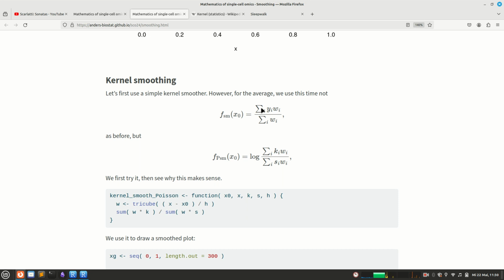So the theorem says, if we have x_i, which all have variances v_i, and I want to calculate the average of all the x_i's, then I have to make a weighted average, weighting each x_i by 1 over v_i.